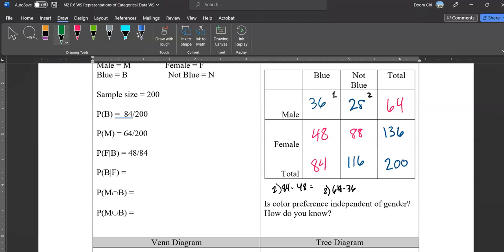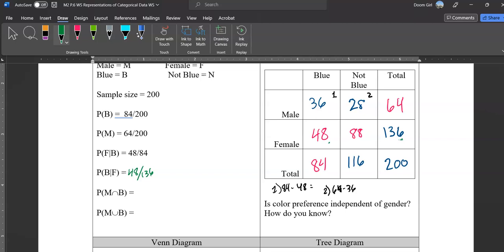My female total is 136 right here, so I'm going to use 48 out of 136. I'm going to stick with the way the fractions are written above for space reasons.